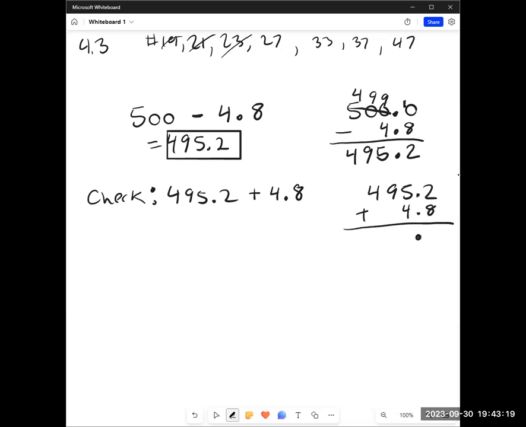This is going to be 8 plus 2 is 10. 9 plus 1 is 10. 9 plus 1 is 10. And 500 and 0/10 is exactly the same thing as 500. So our answer checks.